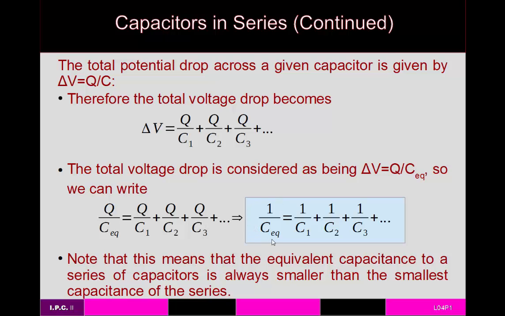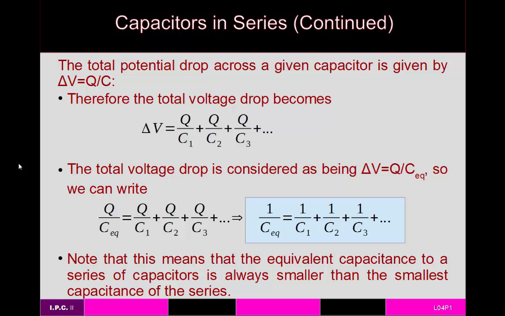I've been talking today about the equivalent capacitance for series capacitors and parallel capacitors. Earlier, in a previous set of lectures, I talked about the equivalent spring constant for a set of springs that are either in parallel or series.